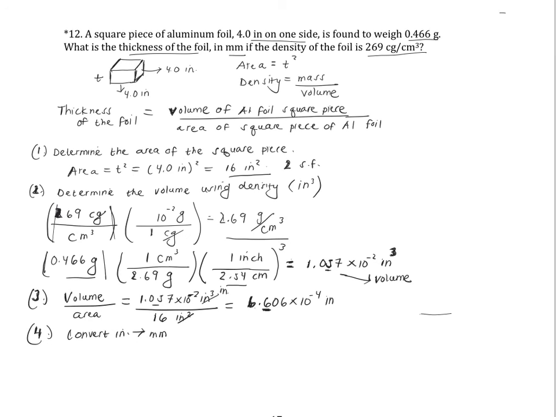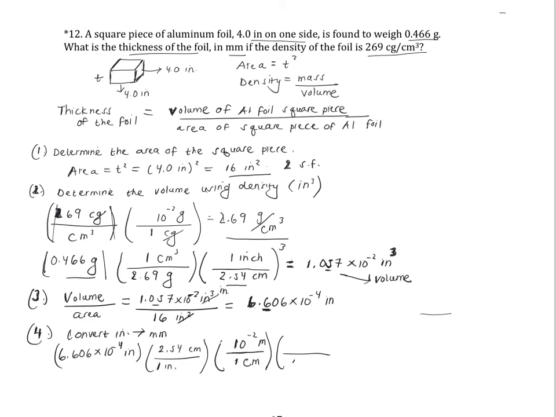So we start off with our answer from step 3. We have 6.606 times 10 to the negative 4 inches. We know that 1 inch has 2.54 centimeters. And we know that in 1 centimeter, there's 10 to the negative 2 meters.